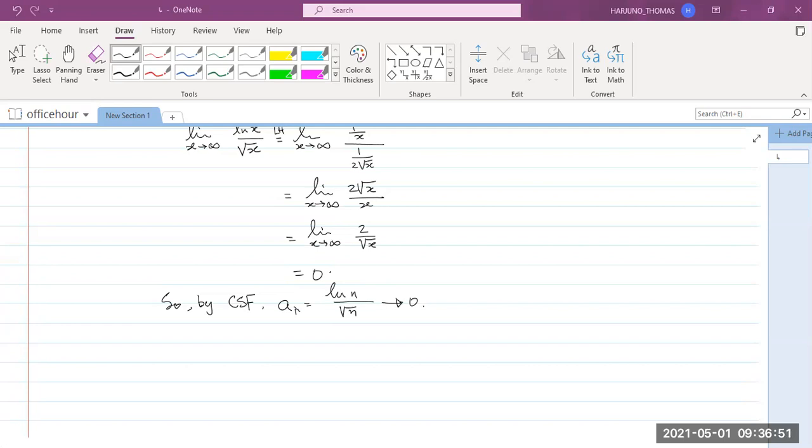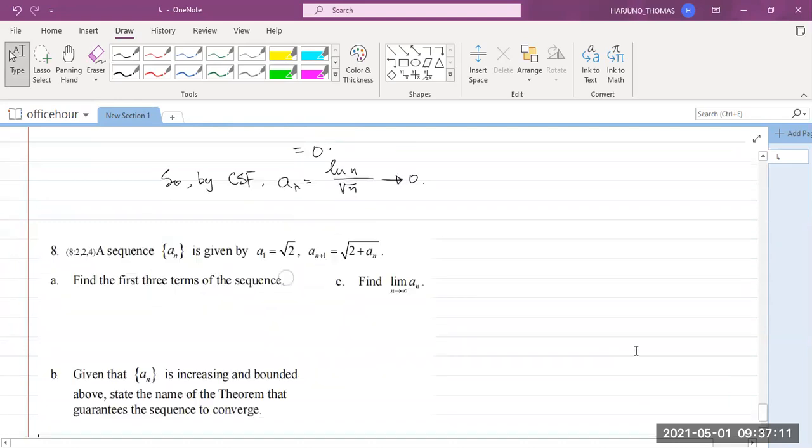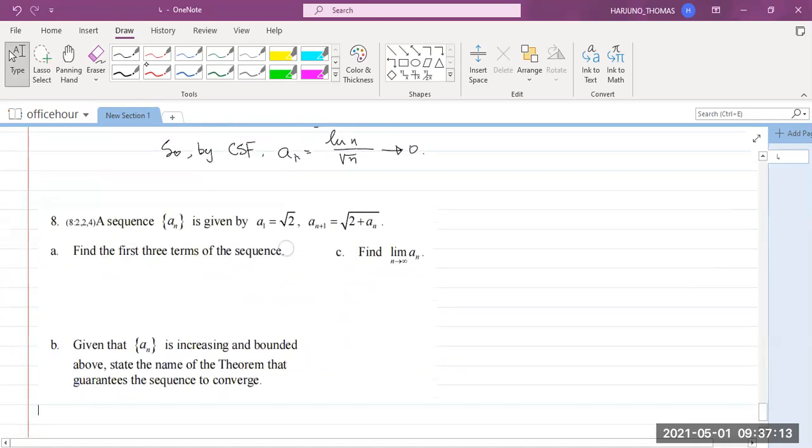You know what? Let me screenshot all the questions and put it there. The first 3 terms: a sub 1 is square root of 2.